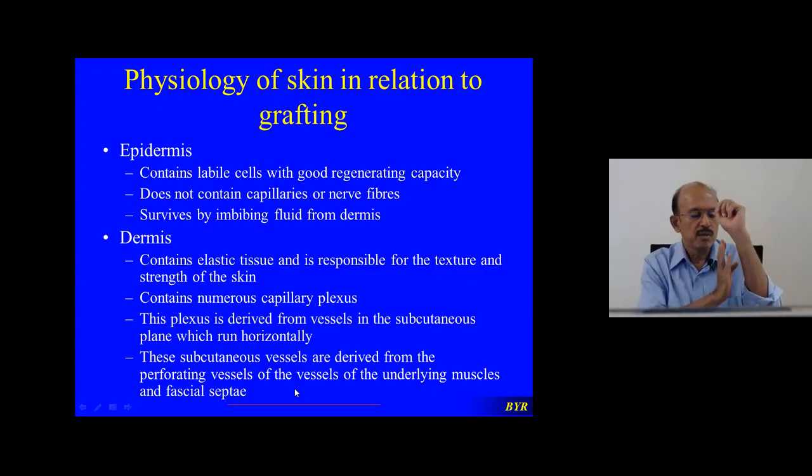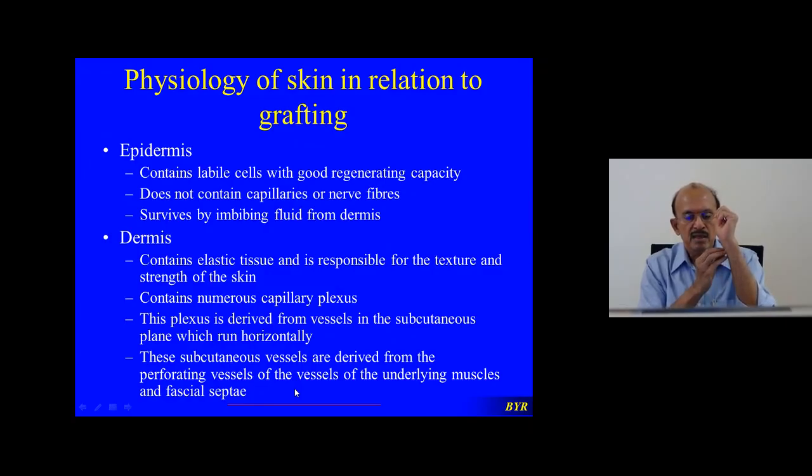For example, the dermis here gets its nourishment from underlying subcutaneous blood vessels. The subcutaneous blood vessels will be running horizontally like this. From them, there will be vertical branches into the dermis and they will be supplying the dermis.